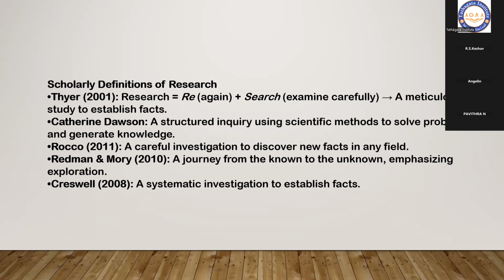And Rocco, in the year 2011, says research is a careful investigation to discover new facts in any field. To the existing facts, we add to them, and there will be a lot of discovery.